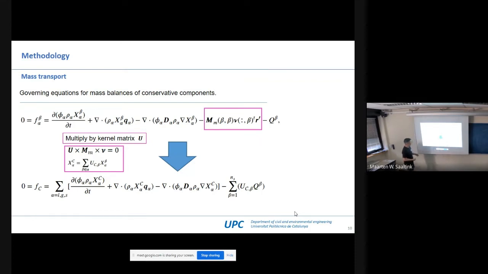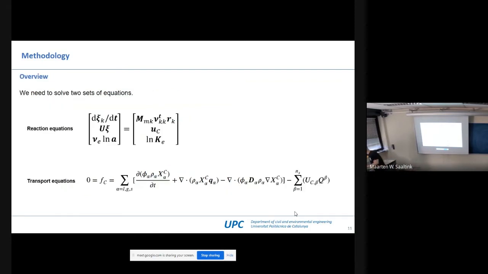Moreover, because normally the number of components is smaller than the number of species, we have also reduced the number of equations. For instance, here we have 9 species, so we had 9 equations, and now we have 4 components, so we only have 4 transport equations without reaction.